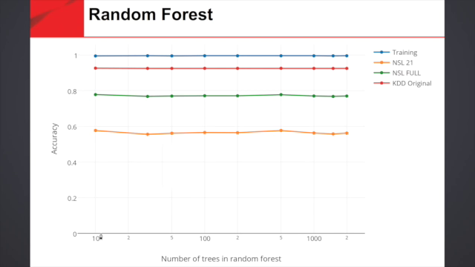The x-axis is the number of trees in the random forest. As we can see, with the increase of the number of trees, the accuracy remains steady. That means that increasing the number of trees cannot improve accuracy.